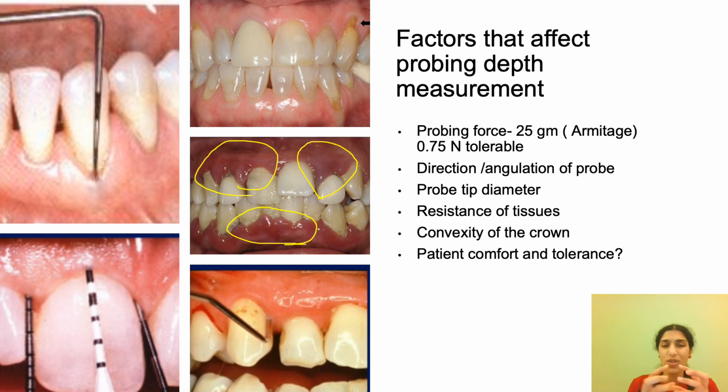Therefore there is no tenacity, no firm gingiva, and it doesn't offer any resistance. That is what we call tissue resistance. So when tissue resistance is not there, the probe happily sinks inside, and the estimated probing depth could be more than in healthy tissues.